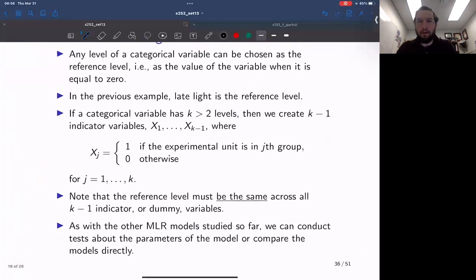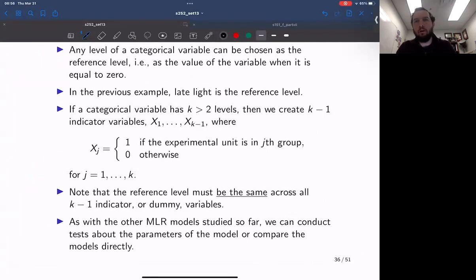All right, so in general, if we want to include a categorical variable into a regression model, it doesn't actually matter how many different categories appear in the variable. We looked at a very simple situation where we only had 2 levels, but you could have categorical variables that have 3, 4, 5, 6, 7, etc. different levels.